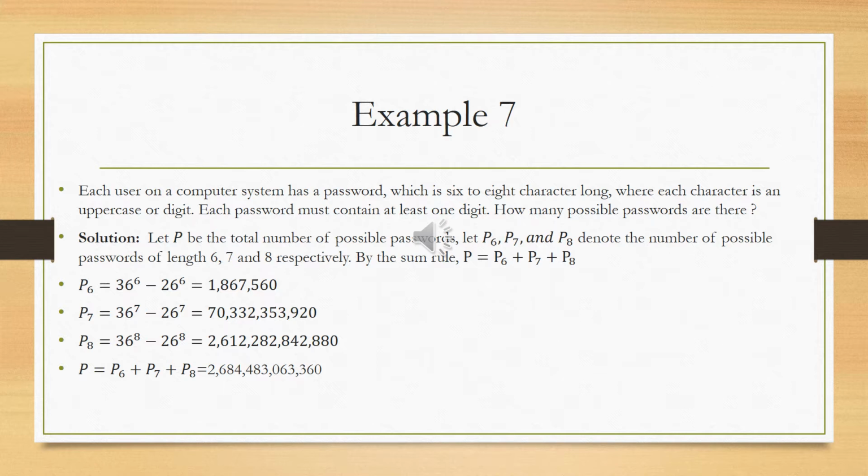P6 is equal to 36 raised to the power of 6 minus 26 raised to the power of 6. P7 is equal to 36 raised to the power of 7 minus 26 raised to the power of 7. P8 is equal to 36 raised to the power of 8 minus 26 raised to the power of 8. And then P total is equal to P6 plus P7 plus P8.